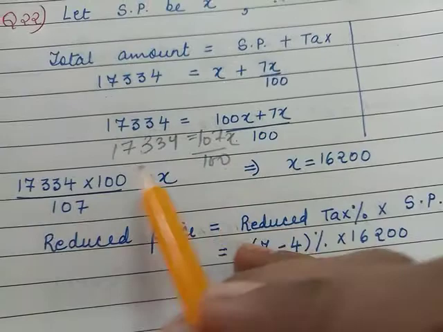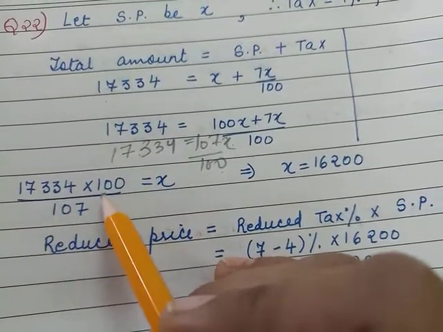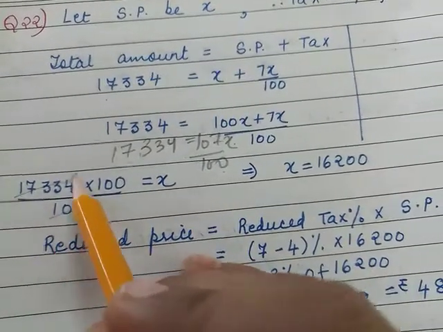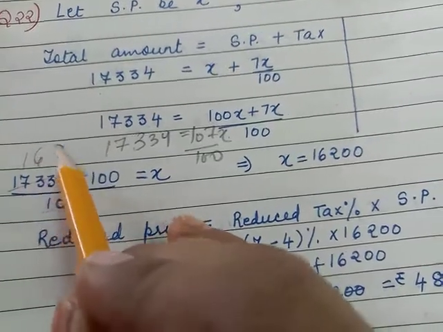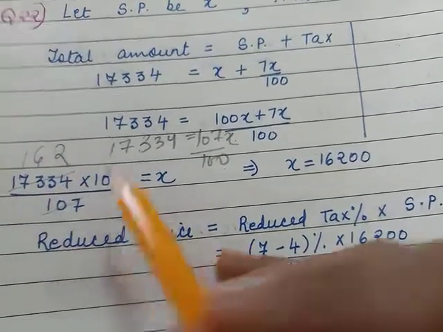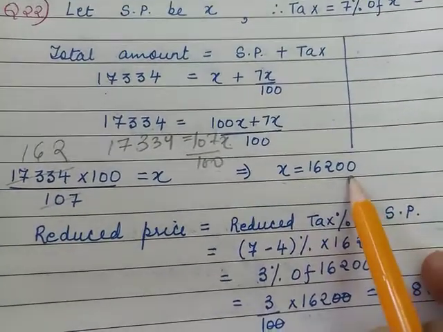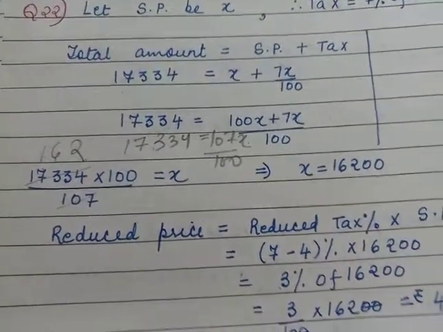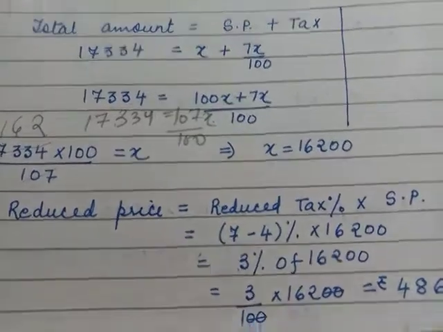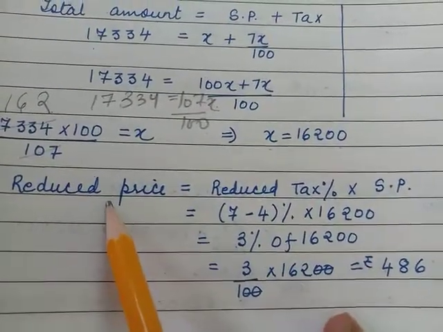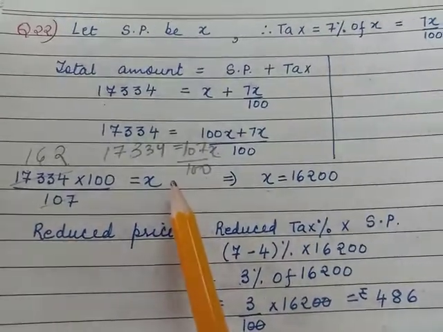So if we calculate both, it is cancelled by 107, and 162 times 100 will give you the value of x, that is 16,200.